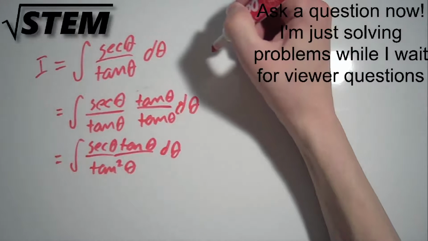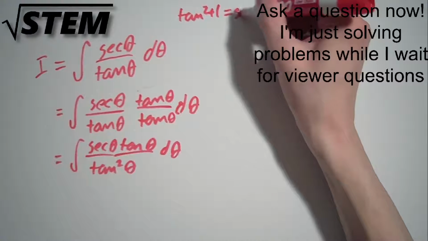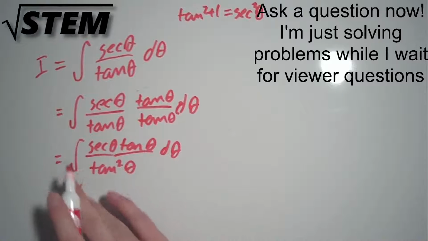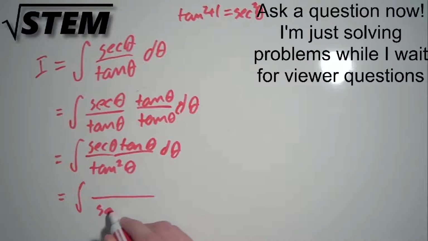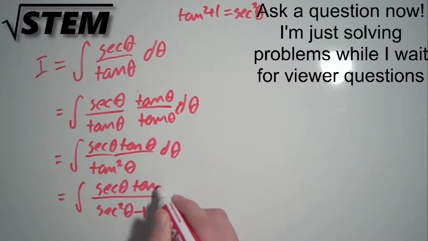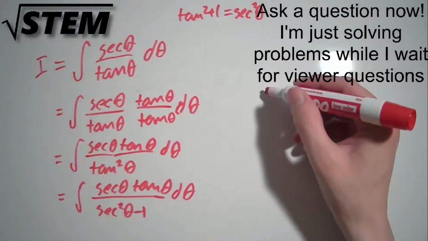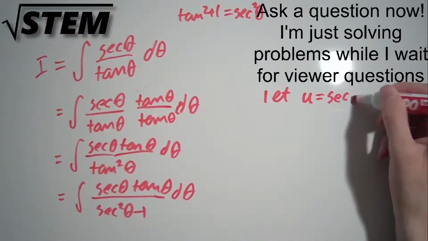Now, remember, since tangent squared plus 1 is secant squared, this is actually secant squared minus 1 on the bottom. Now we're going to let u equal secant of theta.